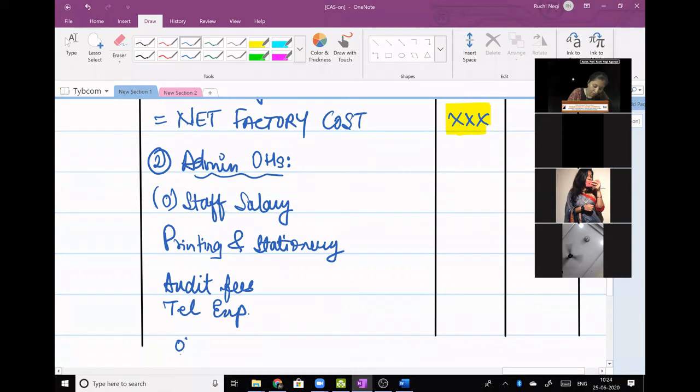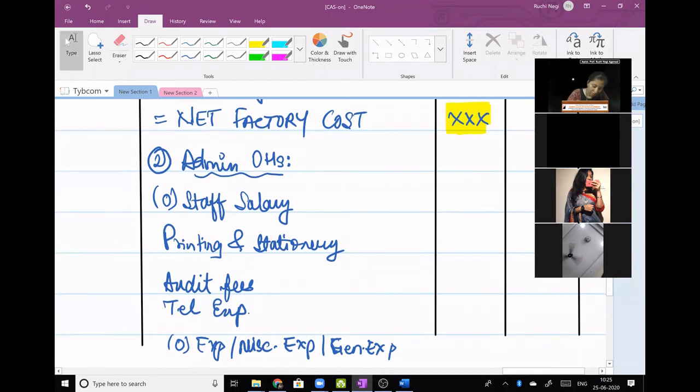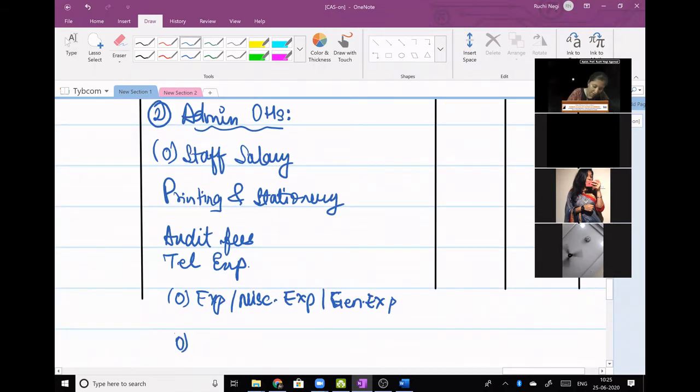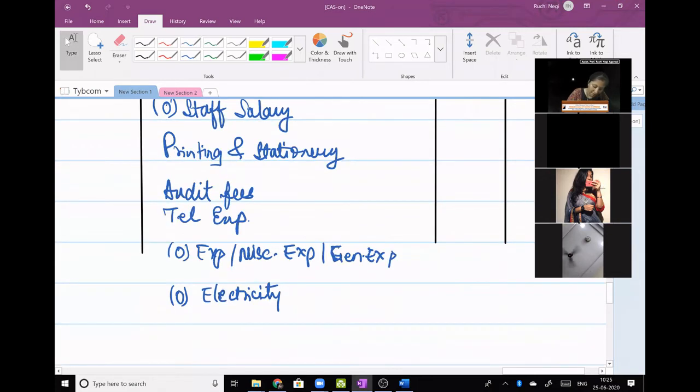So I can put this under one head, office expenses or miscellaneous expenses, right? Yeah, general expenses. All this we can put under one heading, right, students? Very good. Office electricity, yes. Then office rent, yes.